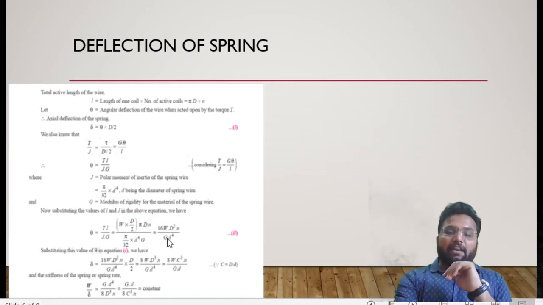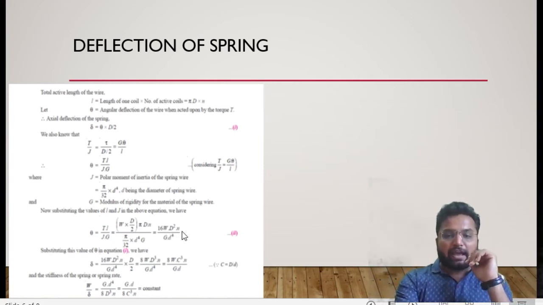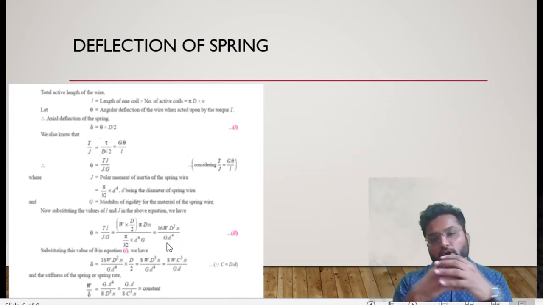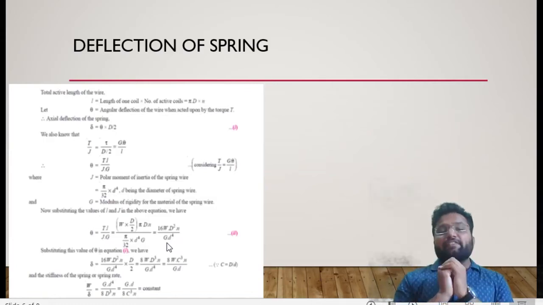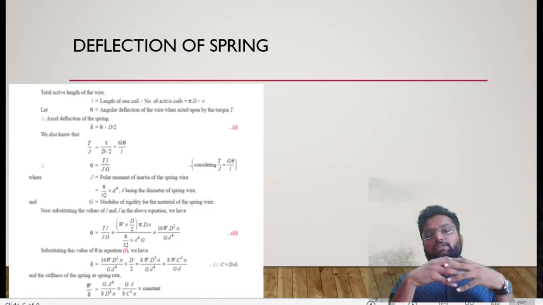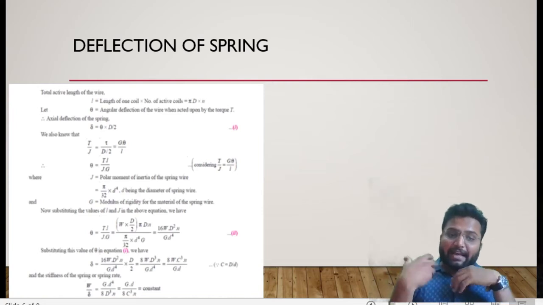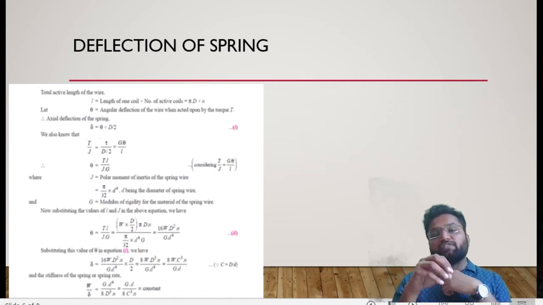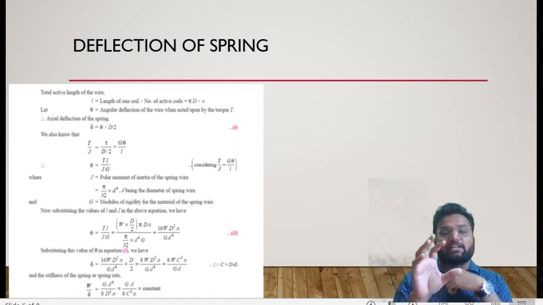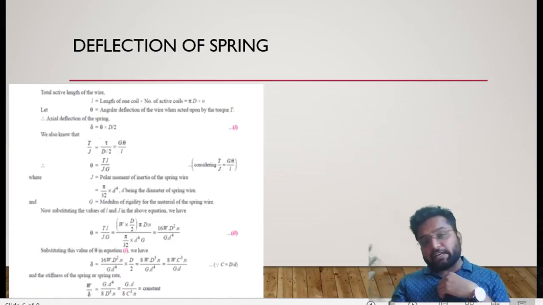So ultimately we will have the equation theta equals 16 W D squared n upon G d raised to 4. We will convert this equation in terms of delta, because in each and every example we will be given the linear deflection rather than the angular deflection. So we have to convert angular deflection in terms of linear deflection.